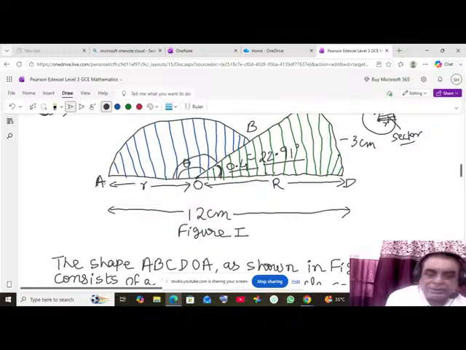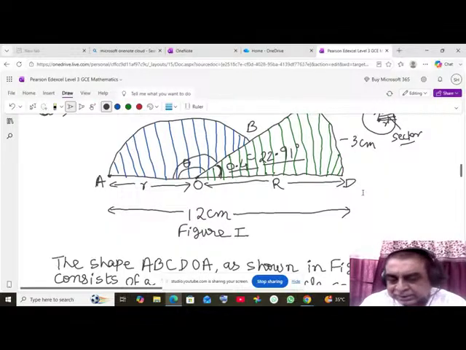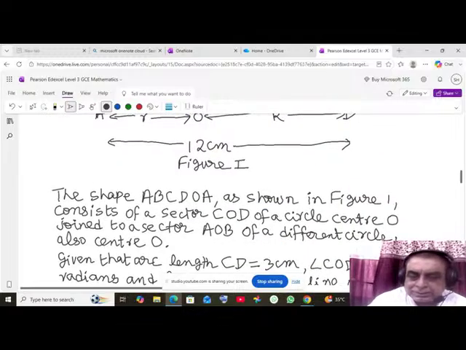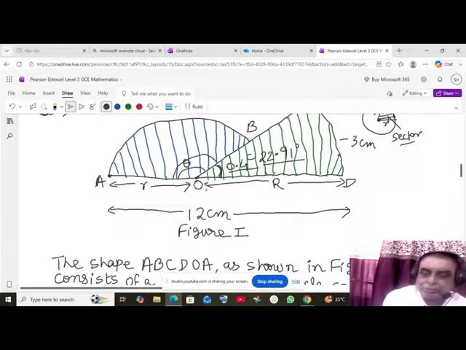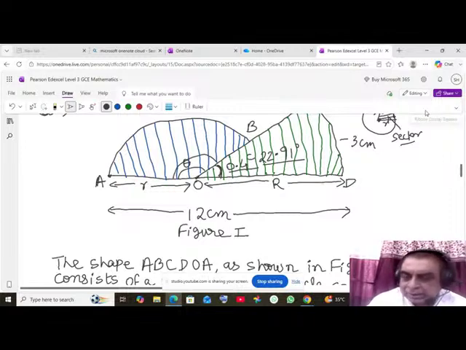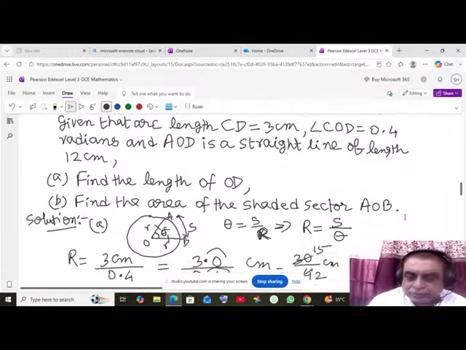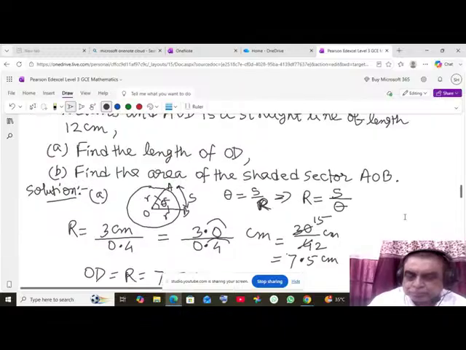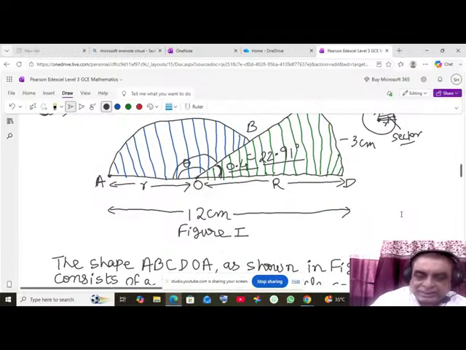Now see how we get the value of AO, which is the radius of the sector AOB, a smaller circle. Here we have already found the length of OD, which is R. The R value we have got is 7.5.